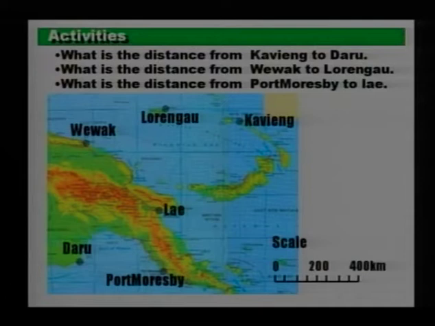All you need to do is get your ruler or a piece of paper, use the scale of the map given on page 10 and 11, and show your working out in your exercise book. Number 4, calculate the distance from Wewak to Lorengau. And number 5, the distance from Port Moresby to Leh.